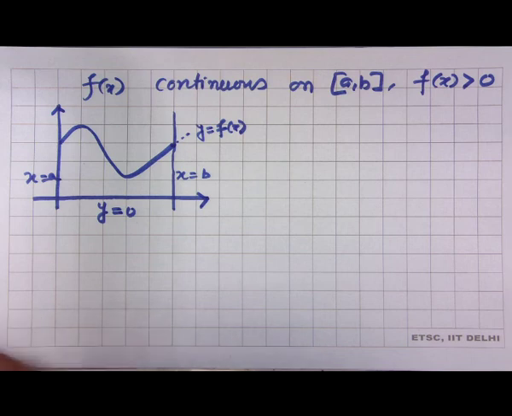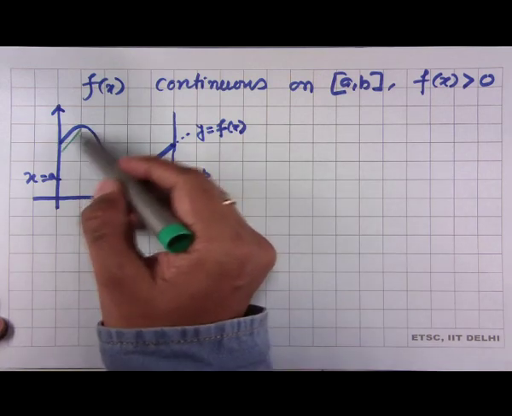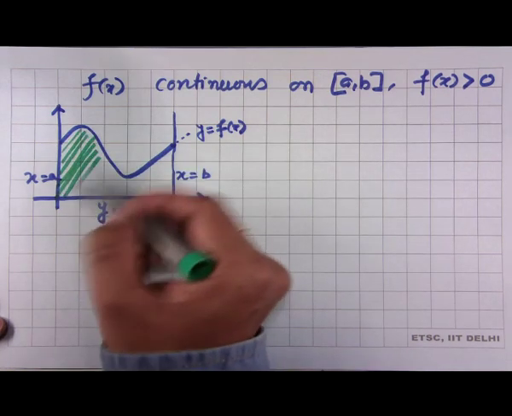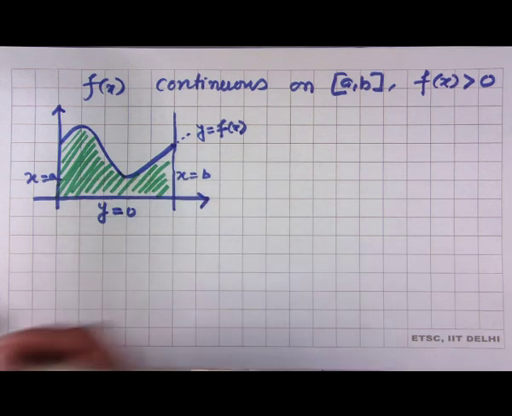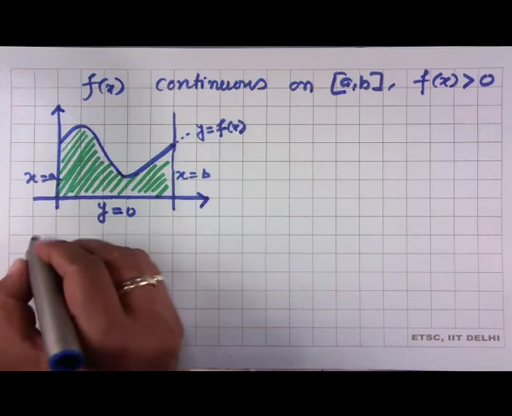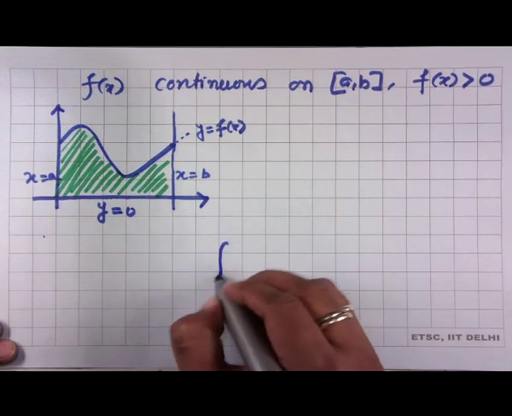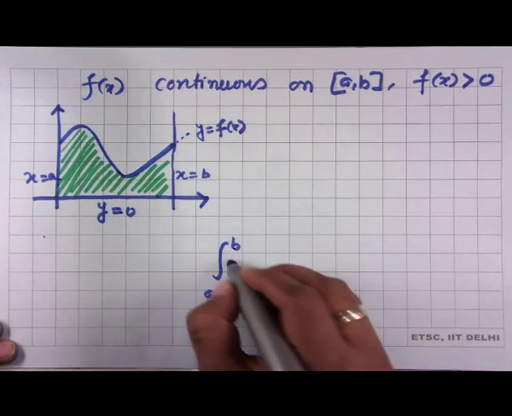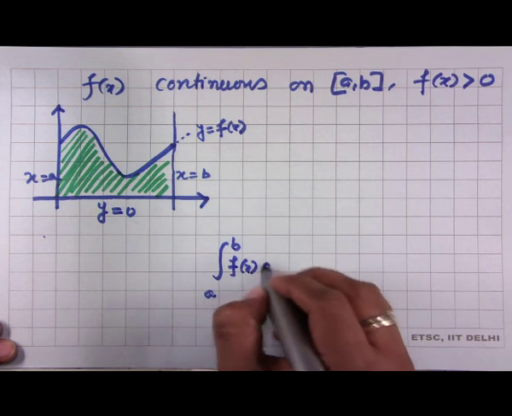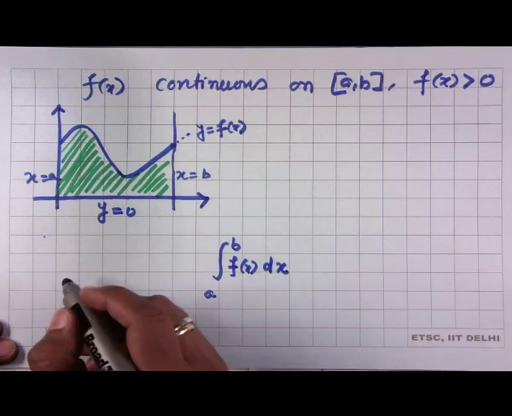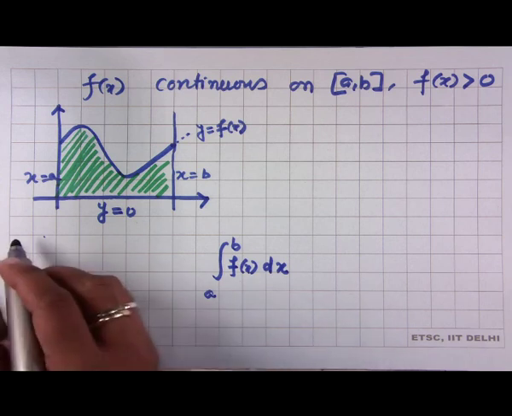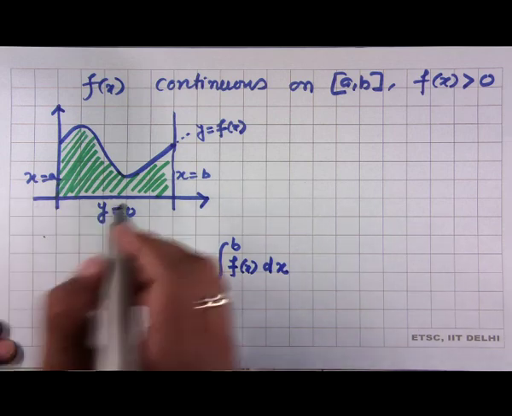So you have this area represented by the integral from a to b of f(x) dx. You know that if a function is continuous, it attains its bounds over the interval.